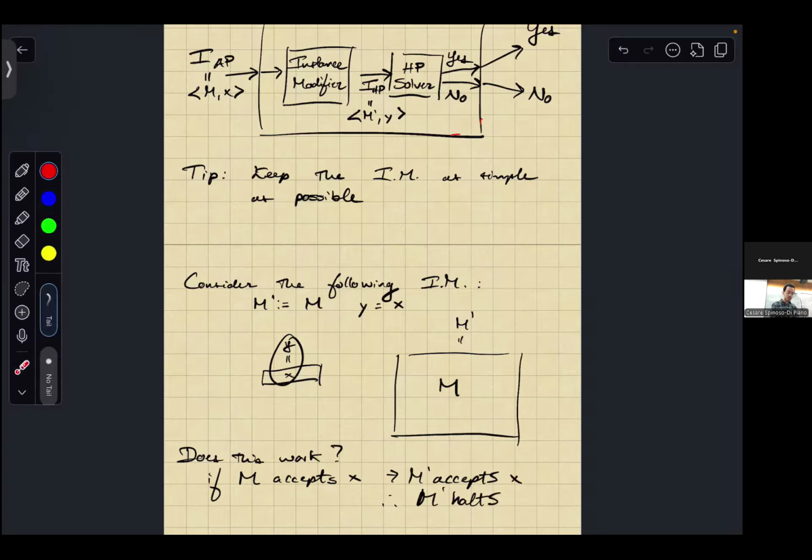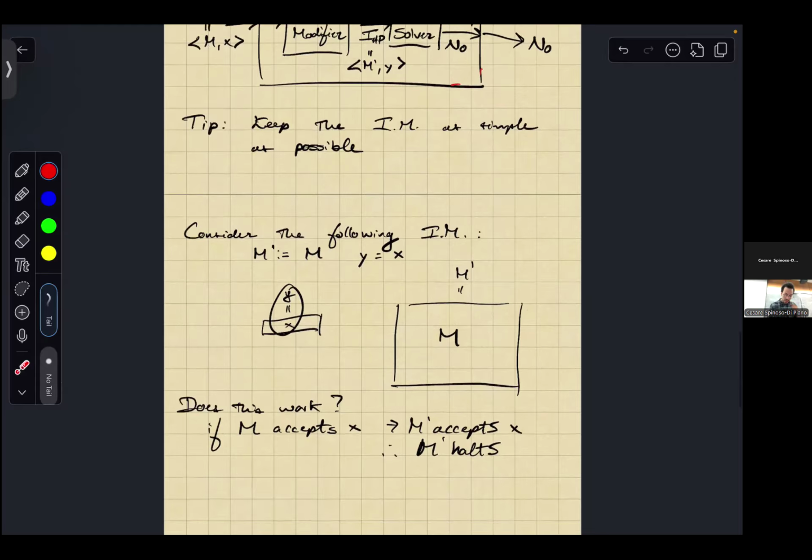So that means that I took a yes answer here, an answer where M accepts X, and it remains a yes answer when it gets transformed into an instance of the halting problem, right? So that's good, that works.